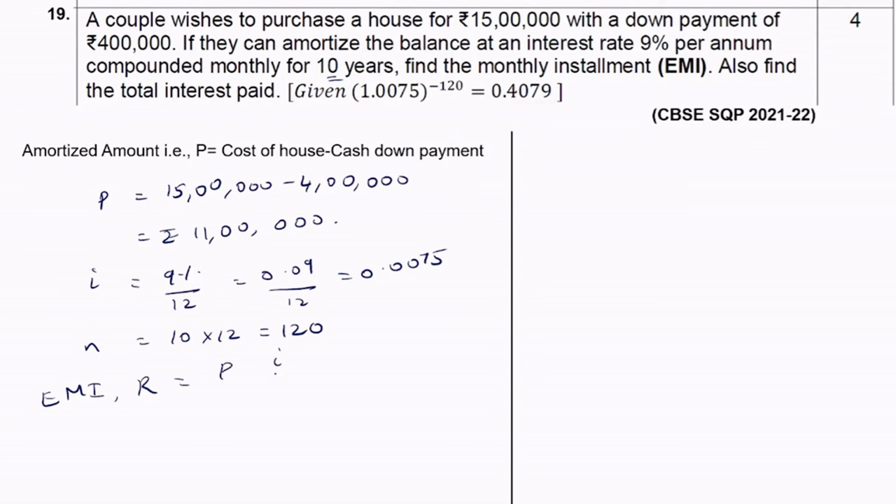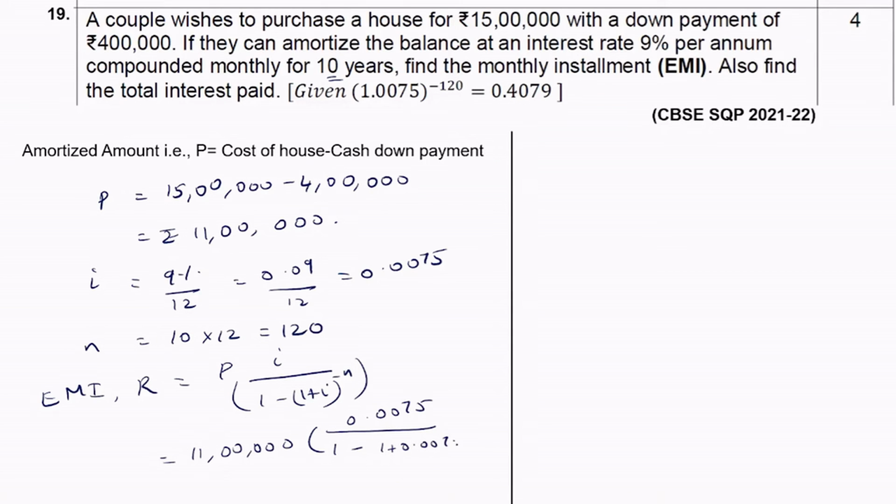R is equal to P into i upon 1 minus (1 plus i) the whole raised to minus n. So here P is 11 lakhs. 11 lakhs into i is 0.0075 upon 1 minus (1 plus 0.0075) the whole raised to minus 120.